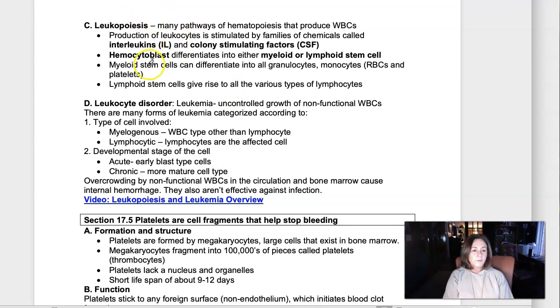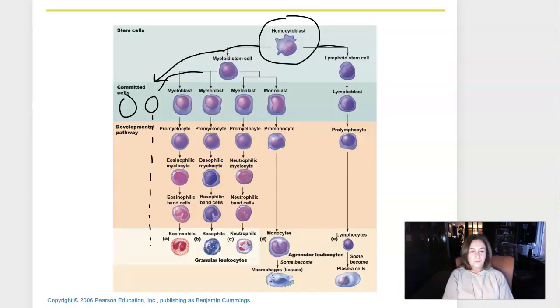As far as white blood cell formation, we looked at hematopoiesis when we talked about red blood cell formation. I'm just going to jump to a picture from our book, my PowerPoint. The hemocytoblast is a stem cell that gives rise to all other blood cells, as we talked about, including red blood cells and including platelets, which is what I drew in the last video.